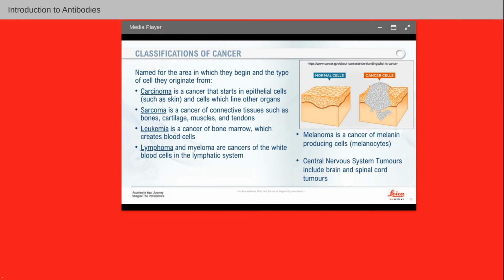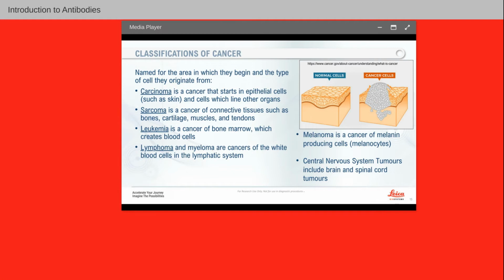So generally there are 6 classifications of mammalian cancers, and they're named from the type of cell from which they originate. Carcinoma is the name given to malignancies that start in epithelial cells. So these carcinomas derive from cells from the skin, from specific organs.